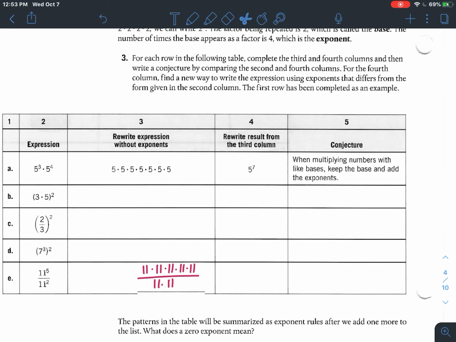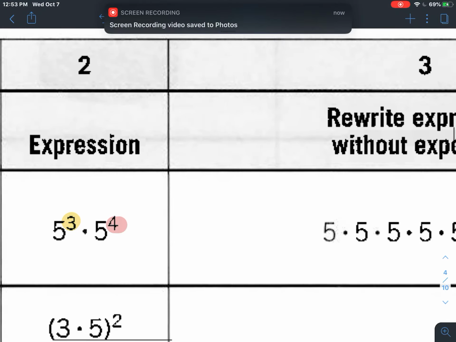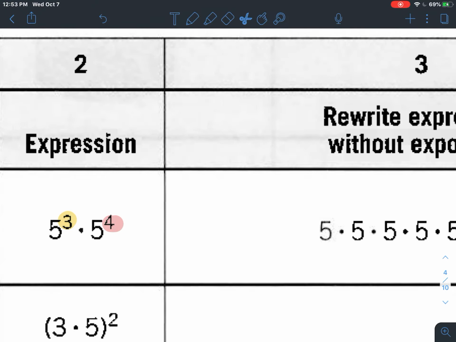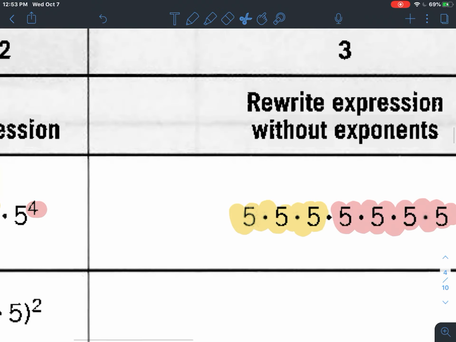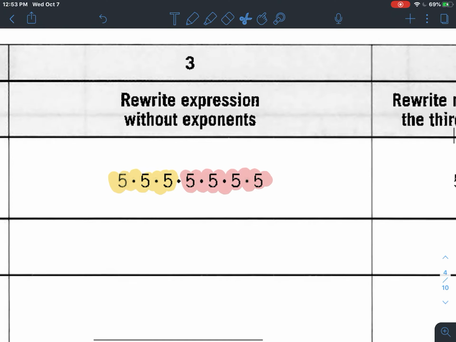We have 5 to the third times 5 to the fourth. So notice these exponents are different. What does that third mean? What does that fourth mean? Well, the third means that I'm going to write out the 5 3 times. 5 to the third is 5 times 5 times 5. 5 to the fourth is 5 times 5 times 5 times 5. And then from there, how many 5s do I have?